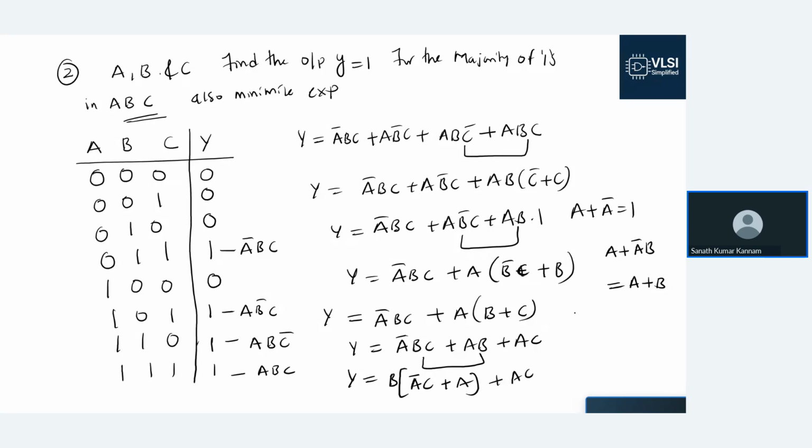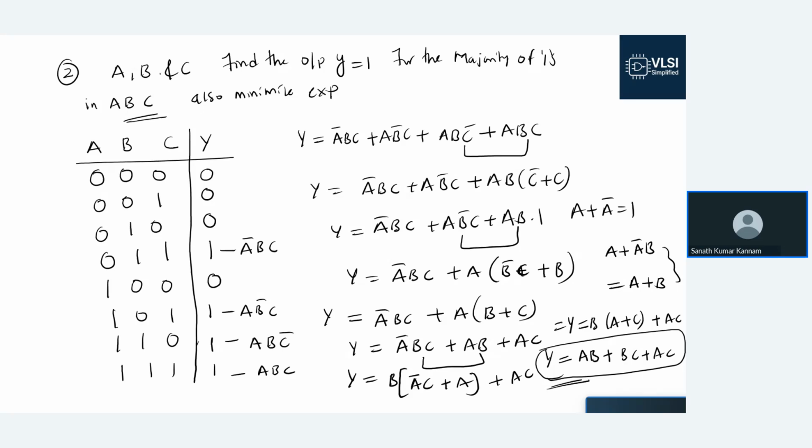From the law A bar B equals A or B, I can write B (A or C) plus AC. So Y equals AB or BC or AC. So we will get this expression.